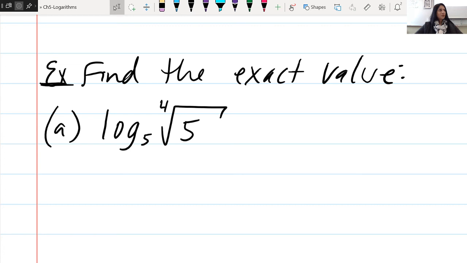We're going to go through it together maybe, if you're wondering. Exact value just means don't change it to a decimal, so you just leave it. Maybe I shouldn't have written that and it wouldn't have been confusing, but it's good to know what that is.